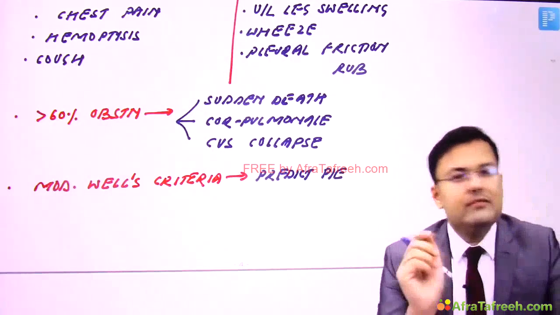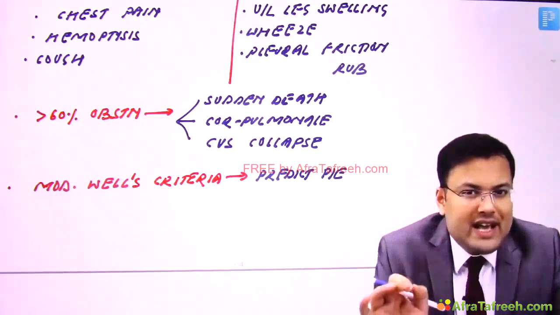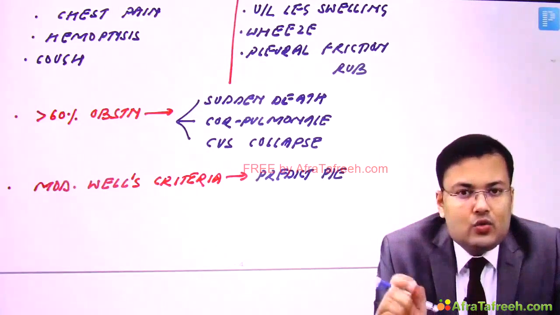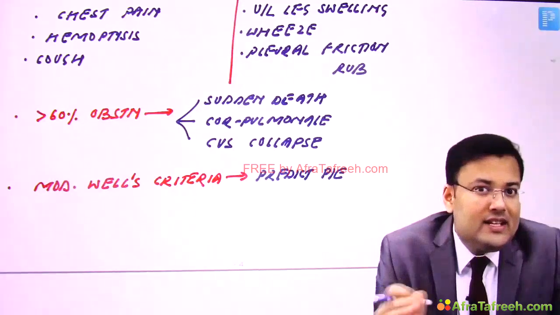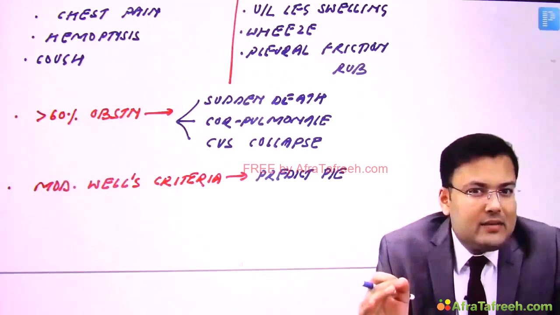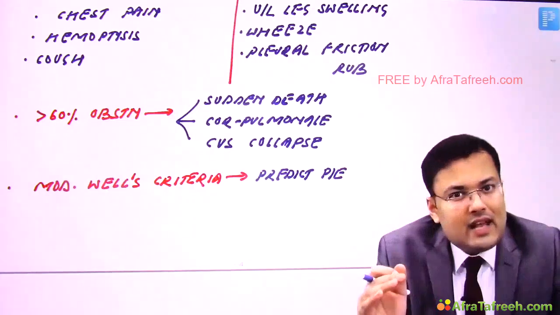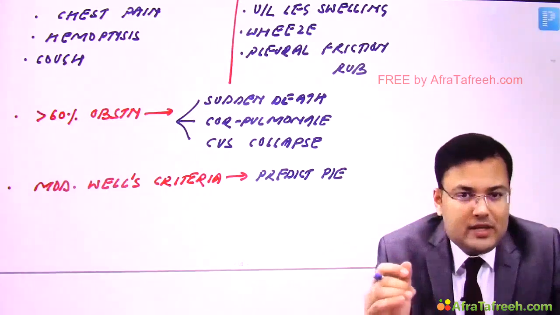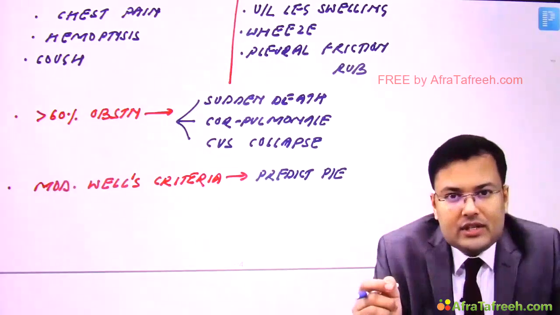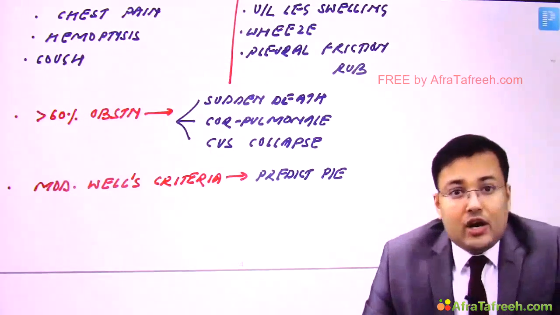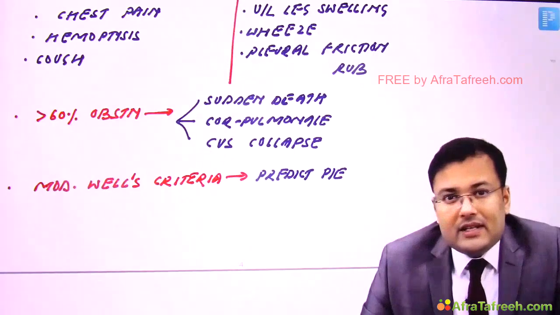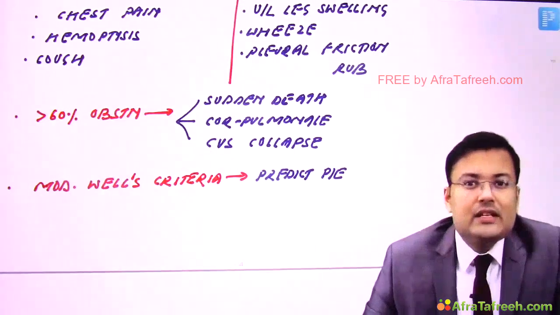Okay, when we were discussing DVT, we discussed an excellent screening test to rule out DVT, and this was D-dimer. D-dimer is an excellent screening test with high negative predictive value. It means if D-dimer is positive, DVT may or may not be present, but if D-dimer is negative, there is no DVT.